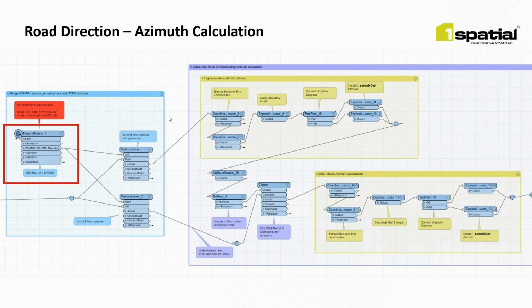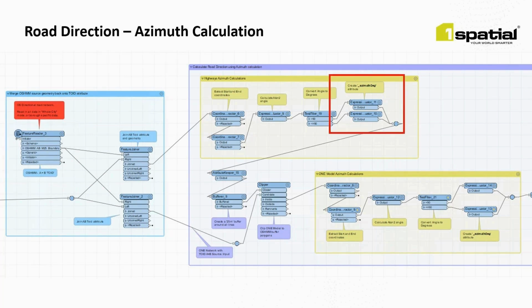Say a road is running in two different directions, when we duplicate that, the single toid will get a suffix of A, and for the other direction, we'll get the suffix of B. The workspace joins this geometry from this data set to the toid that was associated with each of the one model features that we originally found, and then they would get an A or B attributed to them.